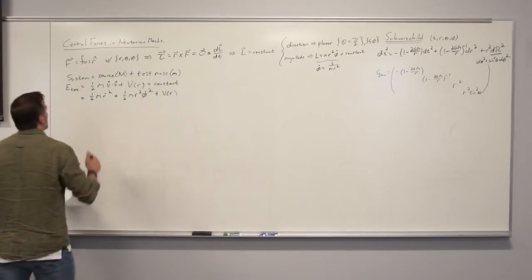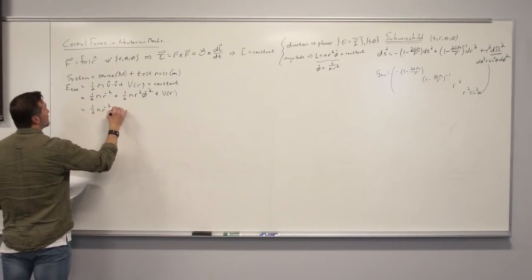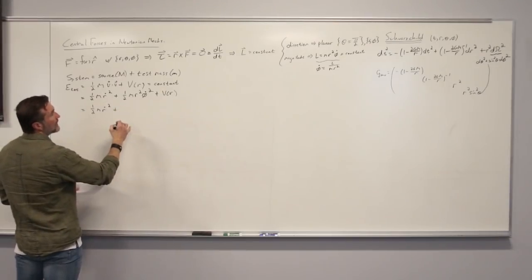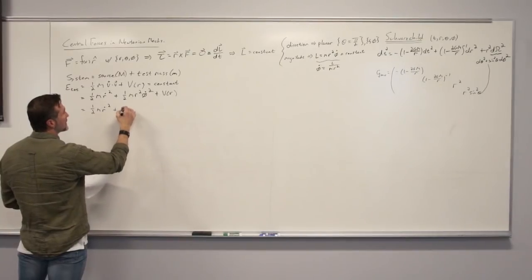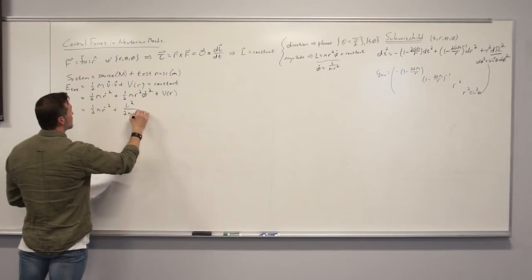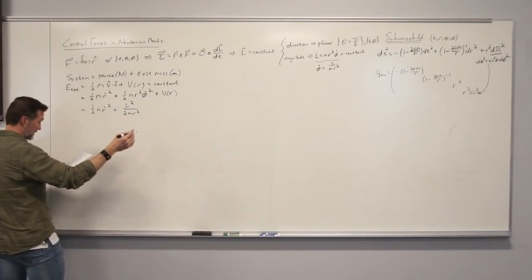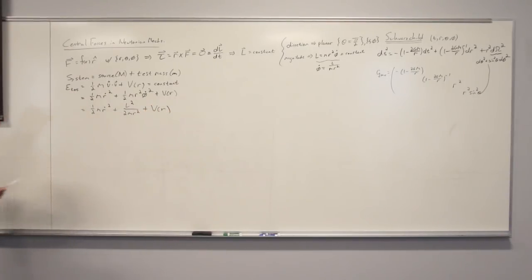So if we do that, we have in the end the m r dot squared, and L squared over 2 m r squared. Is that right? Yeah, I can do this. I never trust myself to copy down what's got to go from step to step.